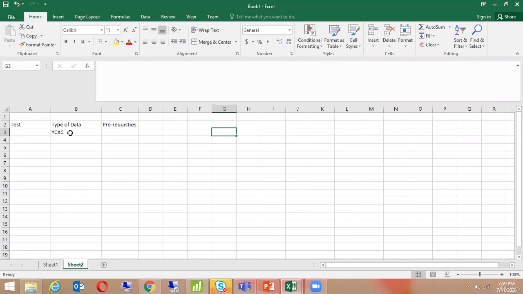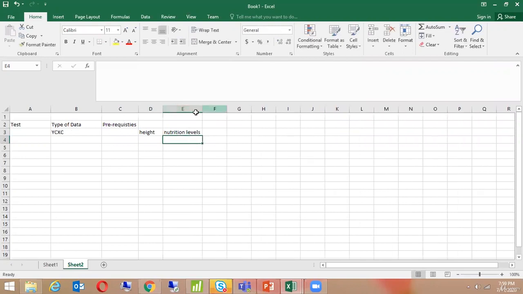Height is in centimeters, millimeters, and nutrition levels are in grams, milligrams. So if my Y is continuous and my X is continuous, I will do a test called correlation and regression.